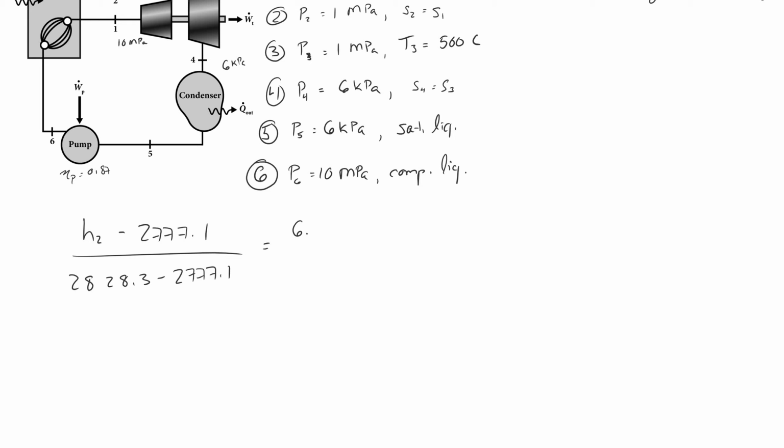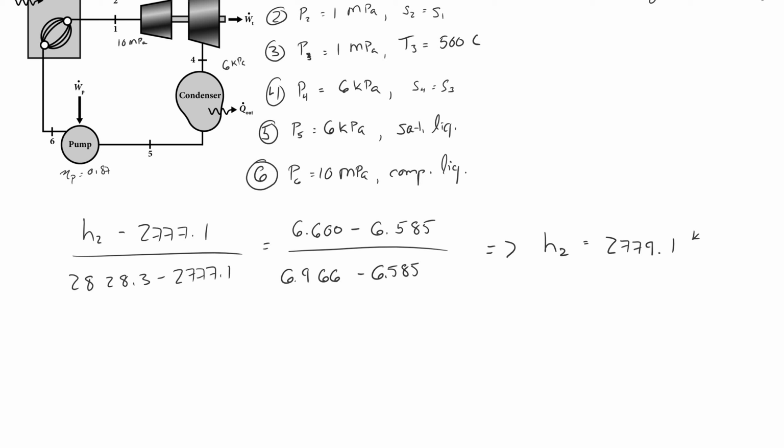And here is S2, 6.600, and then again the entropy at the saturation temperature and the entropy at 200 Celsius. Okay, and when I solve this, I find that H2 is equal to 2779.1.